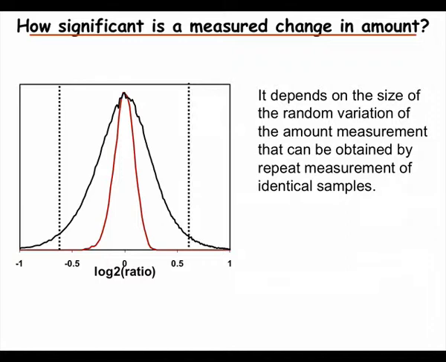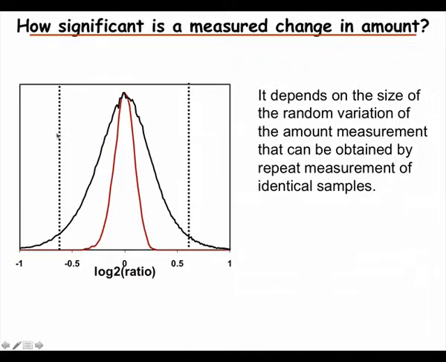Let's say they select all the proteins that change more than twofold, but it's really not the right way to do it, because you should measure what your variation is when you measure identical samples over and over again to see what the distribution looks like.